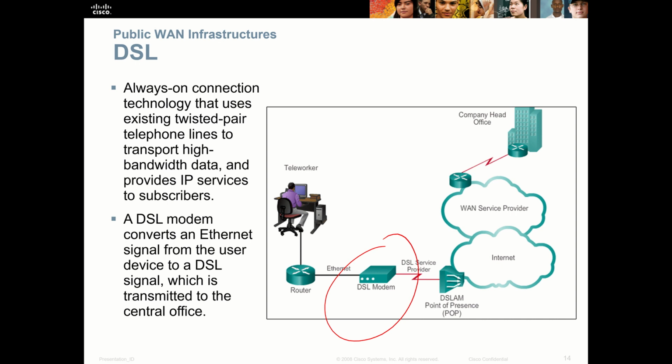DSL is an always-on connection technology, and the difference is that it uses twisted pair telephone lines. What happens here is the DSL modem converts the internet signal from the user device to a DSL signal.